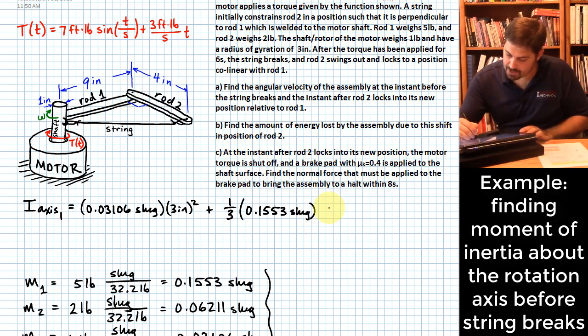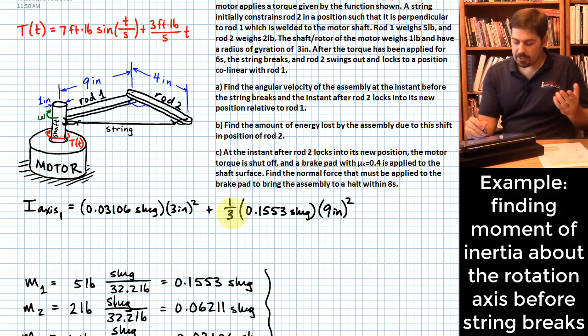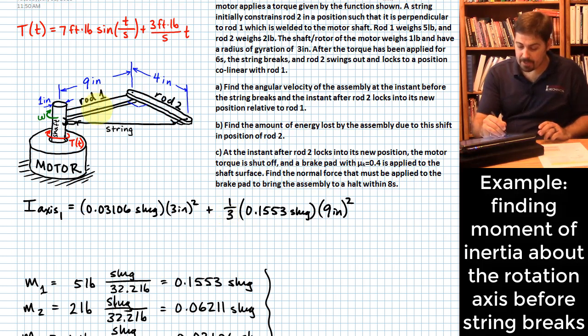And the length of that rod is 9 inches. Okay, and that would be squared. And again, this is 1/3 instead of 1/12. We get used to using the 1/12 version. That's the version where you find it about the CG of the rod. If you want it about one end of the rod, then it ends up being 1/3 instead of 1/12, but everything else ends up being the same.